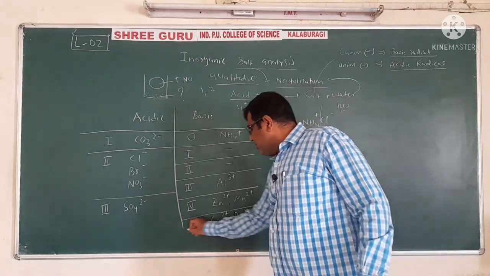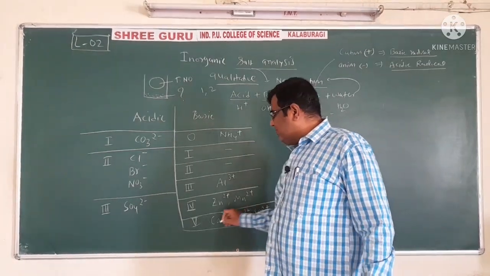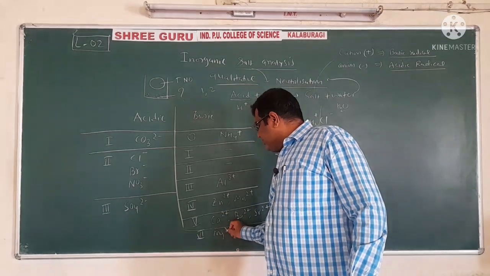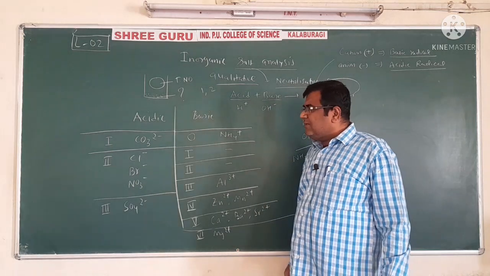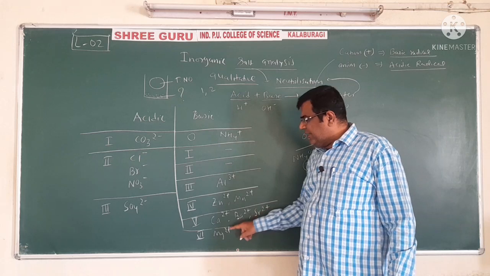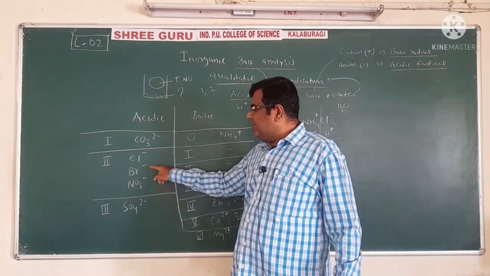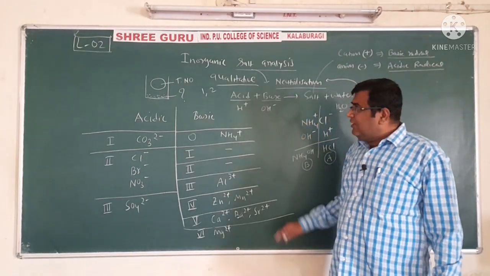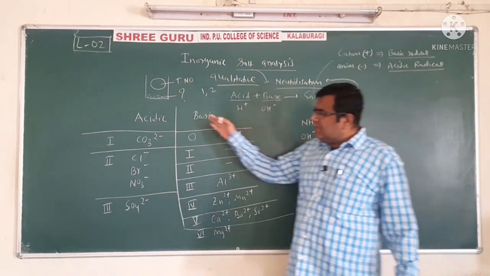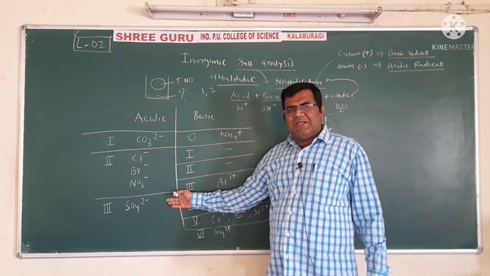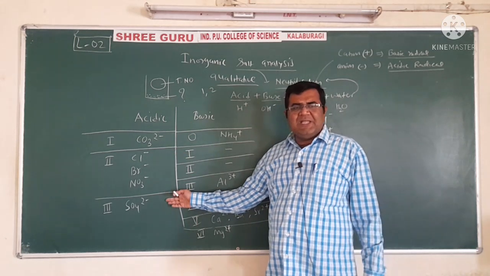And of course group number VI, we have magnesium. So these are the 13 radicals in our syllabus. And our salt contains any one of the acidic radicals and any one of the basic radicals, because it is a simple salt, not a mixture of salts.